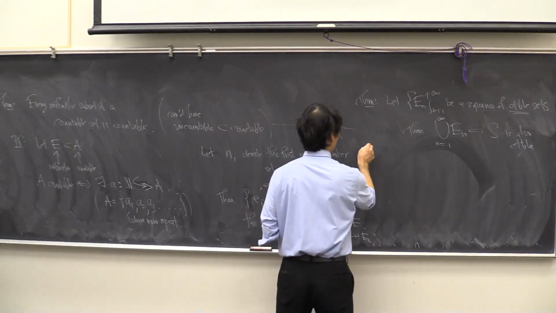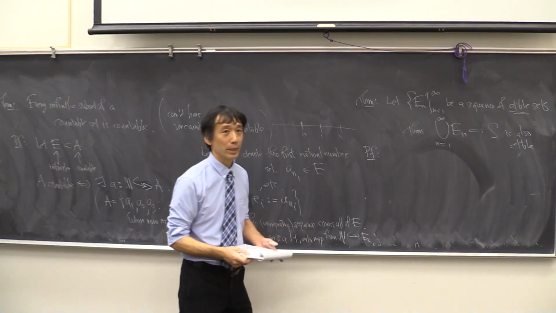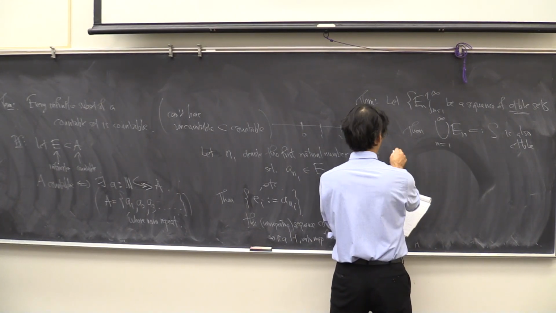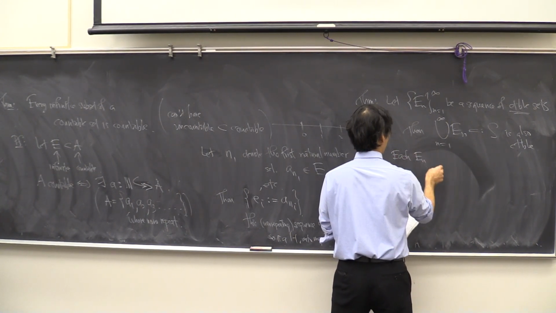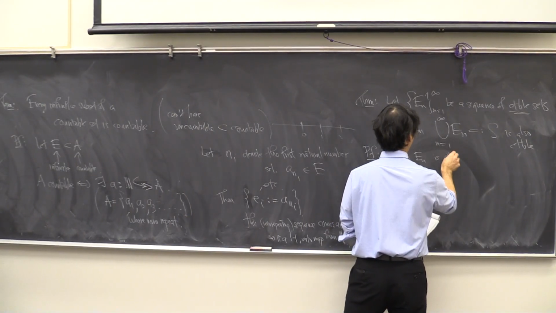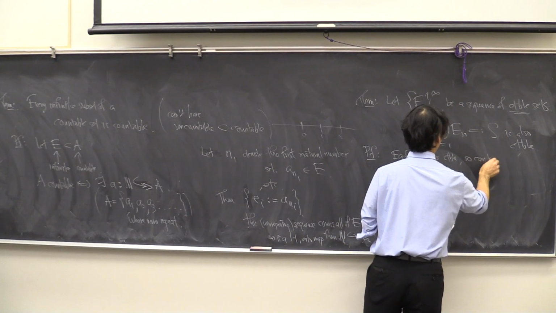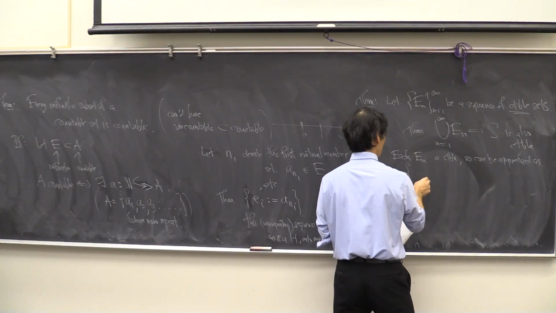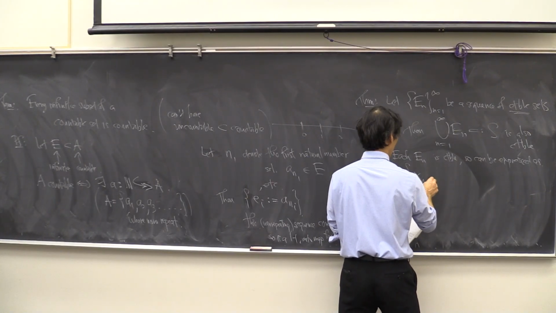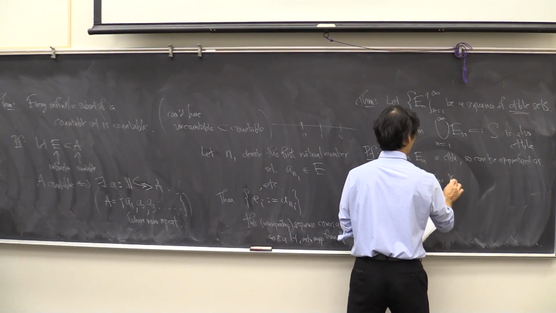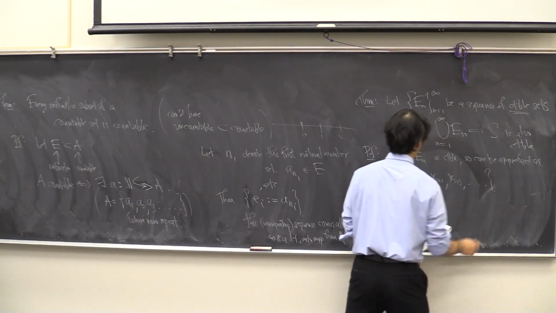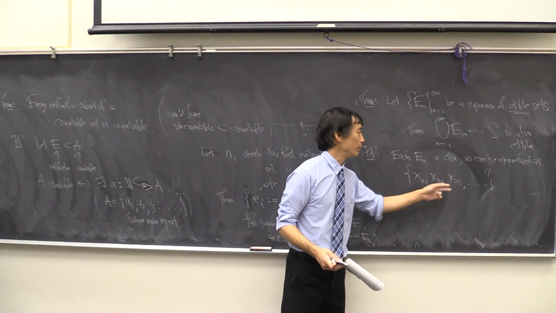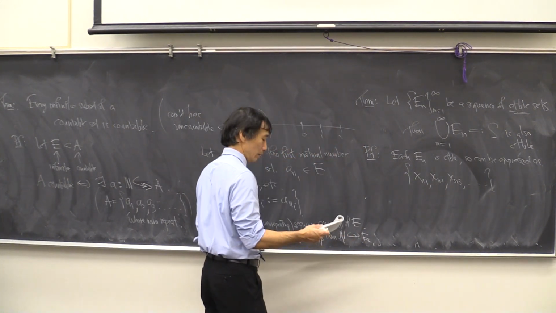The proof is basically to say that each E sub n is countable, so it can be expressed as some sequence which I'll call xn1, xn2, xn3, and so on and so forth. The first index indicates what set you came from, and then 1, 2, 3, etc. indicates the position within the set.